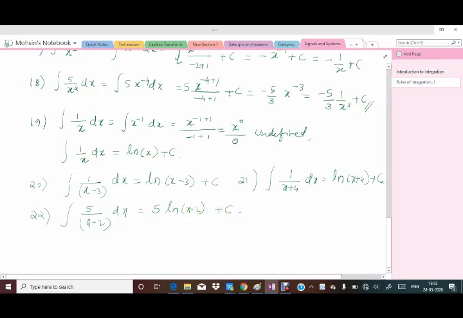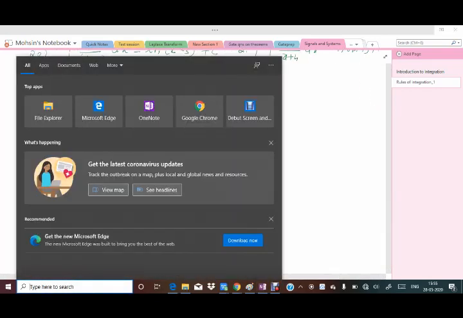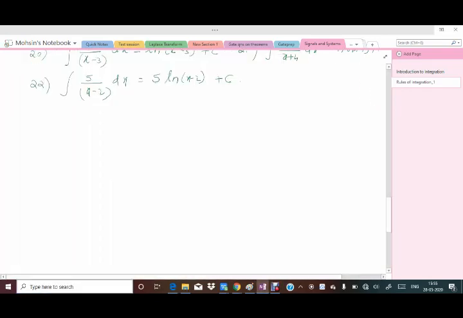Okay, now similar to that, if there is an exponential function, let us see what its integration will be. Suppose we have e raised to 4x dx, in this case it's going to be e raised to 4x divided by 4 plus c.